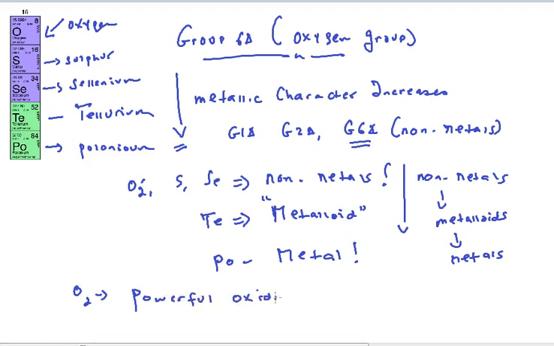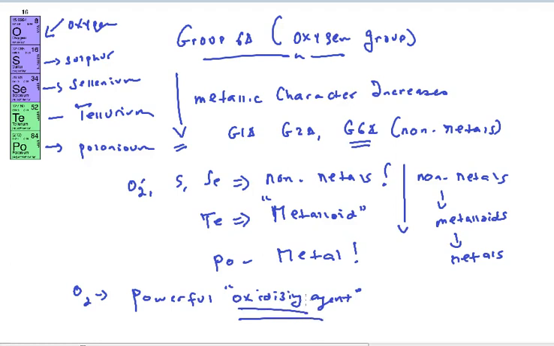In other words, oxygen would help other substances to lose electrons, but oxygen itself doesn't lose electrons. Oxygen gains electrons, but oxygen helps other metals or other substances to lose electrons, so it is called a powerful oxidizing agent.